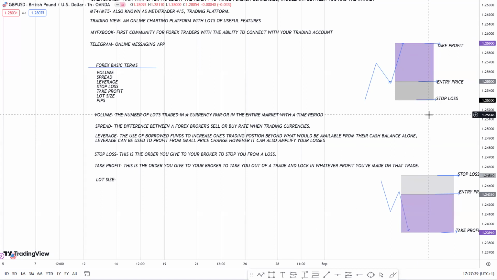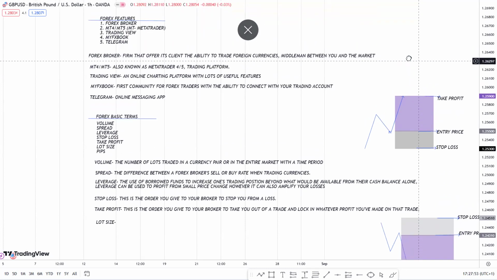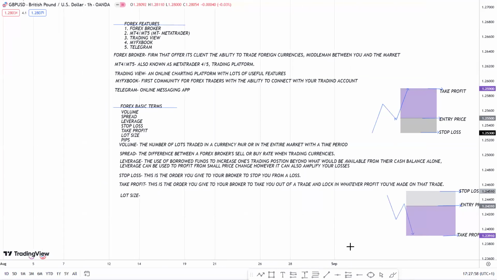You have to really understand lot size. You have to understand pips. Pips are crucial. You have to know how to calculate pips. What pips are you supposed to be using? How many pips? What are the numbers? Just calculate this kind of stuff.